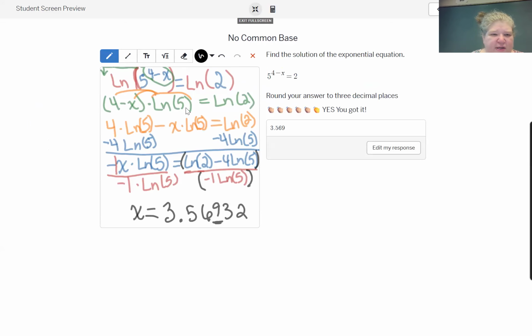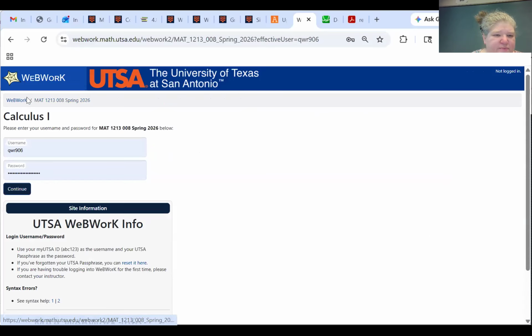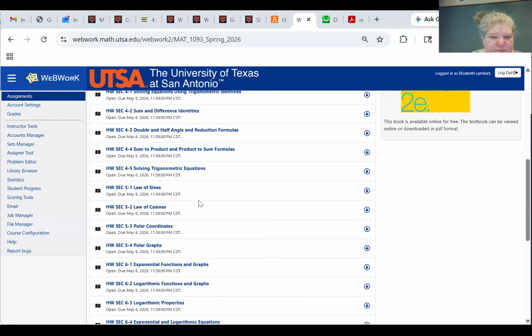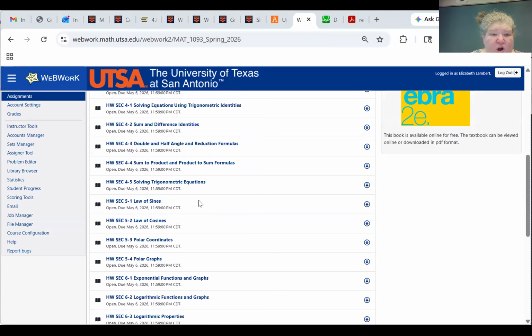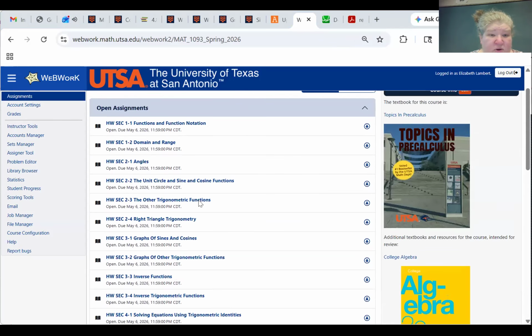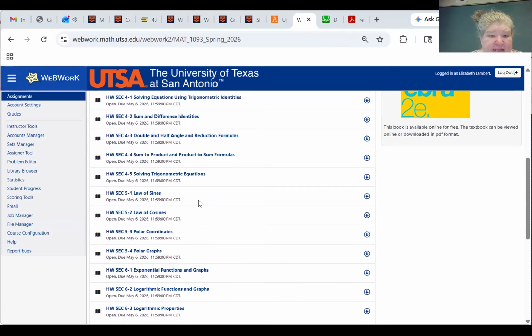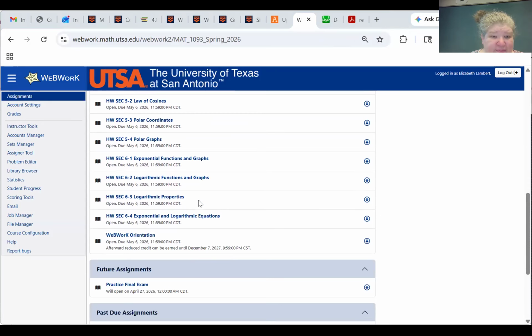In fact, let's go find one in the WebWork. Now remember, all the WebWork is open right now. It's going to close on May 6th, which is a week from Wednesday.